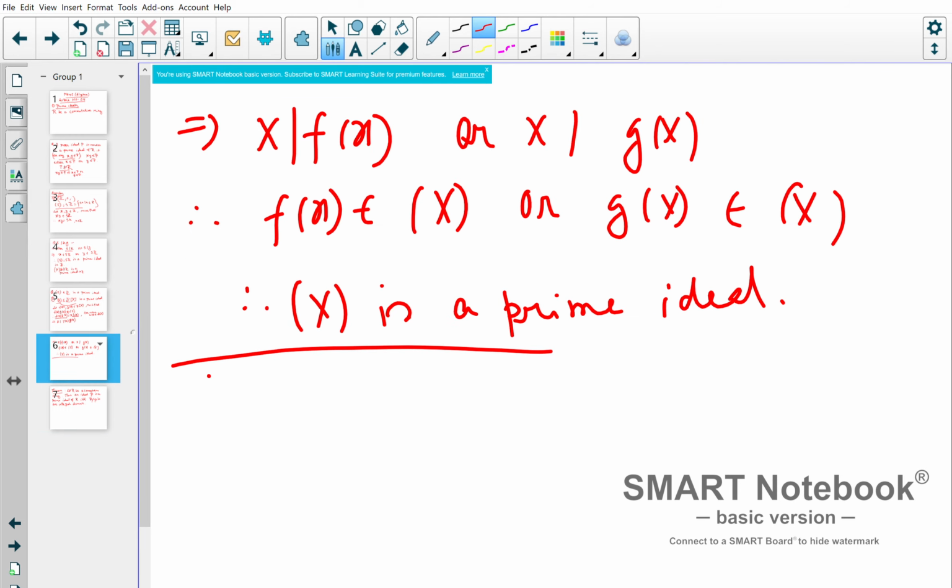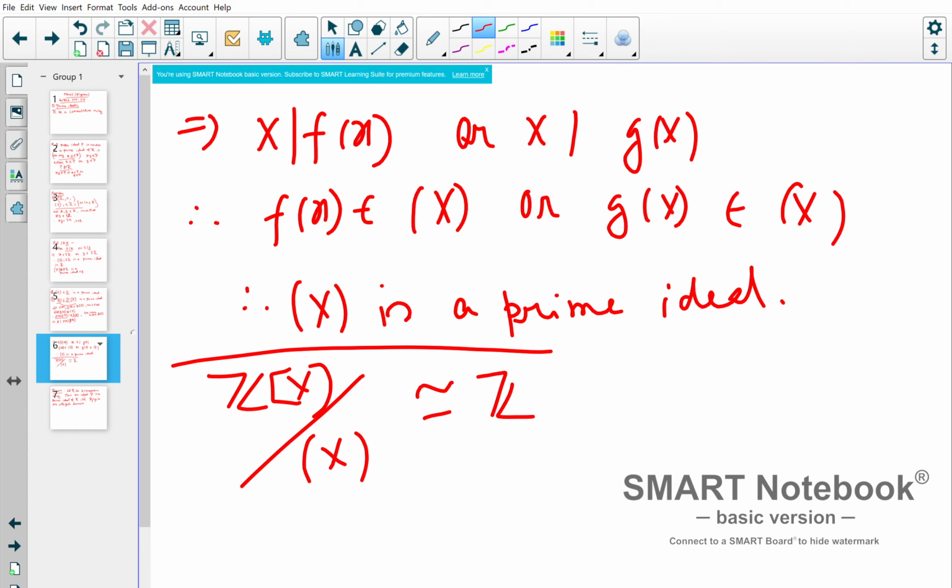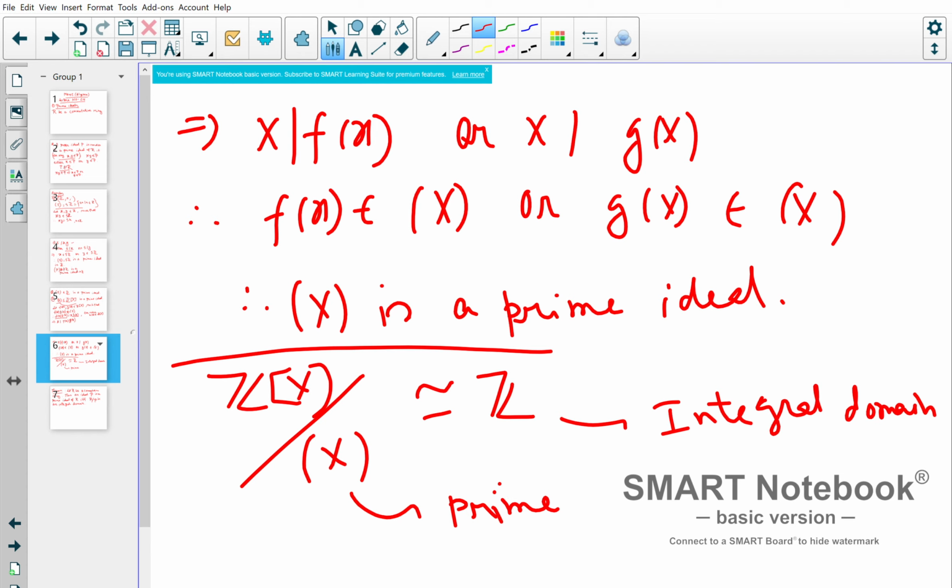You see that Z[x] mod this, we used it last class, is isomorphic to Z, by the first isomorphism theorem of rings, and you see that this Z is an integral domain. So what does that mean? That means this is a prime ideal. You can easily check it this way. Okay, so this is another way of checking this.